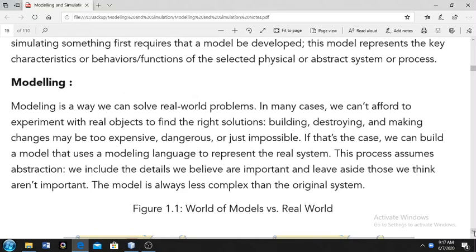If that's the case, we can build a model that uses a modeling language to represent the real system. The process assumes abstraction. We include the details we believe are important and leave aside those we think are not important. The model is always less complex than the original system.